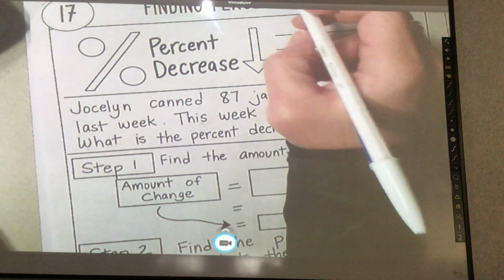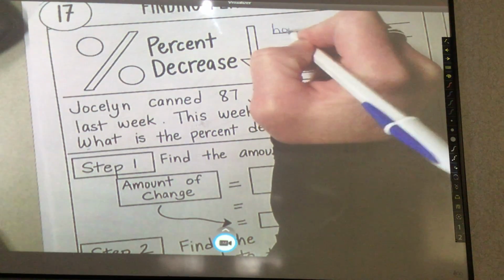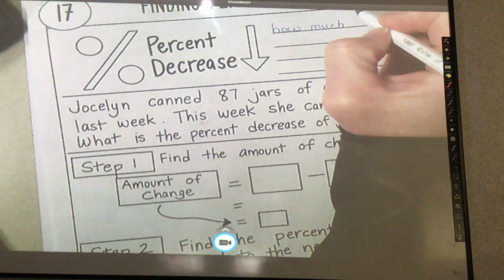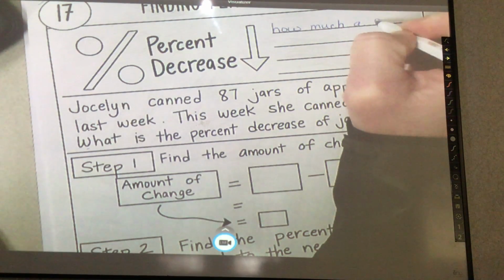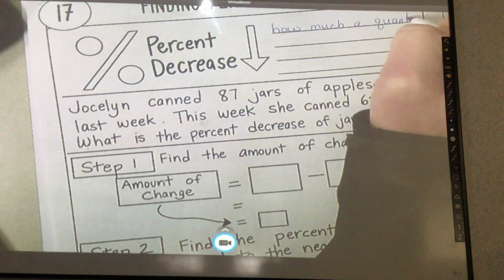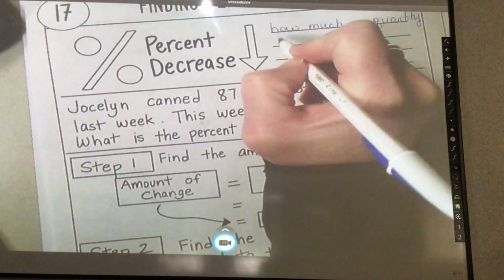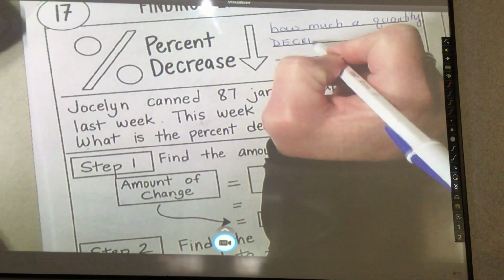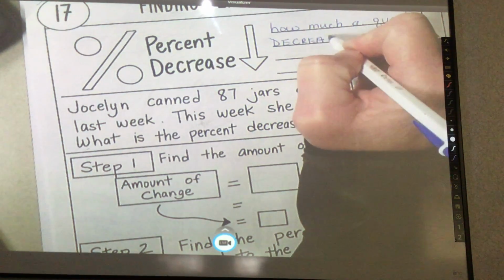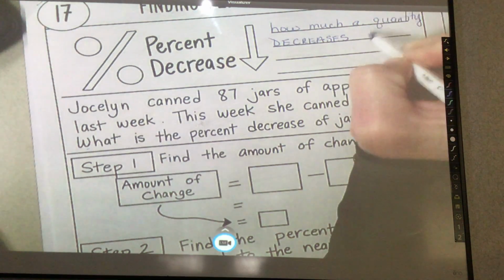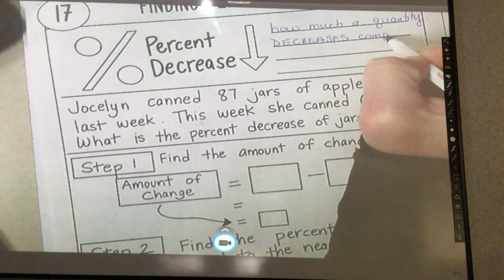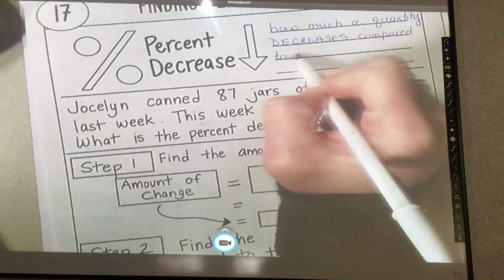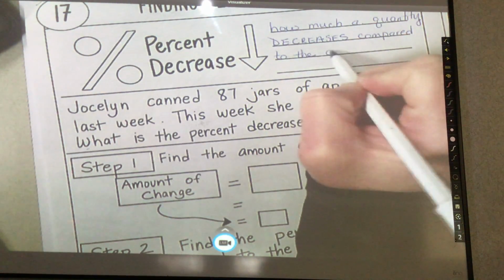So the percent decrease is how much a quantity decreases compared to the original.